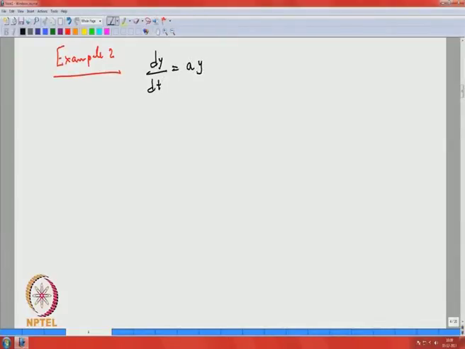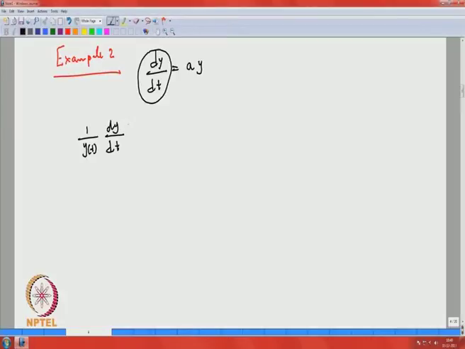You see, I do not want to write dy by y equal to a dt. Eventually we will do it that way, but we keep it in mind. dy by dt is meaningful, I told you, because it is a function of t. So, there is no problem. I can write 1 over y dy by dt is equal to a.